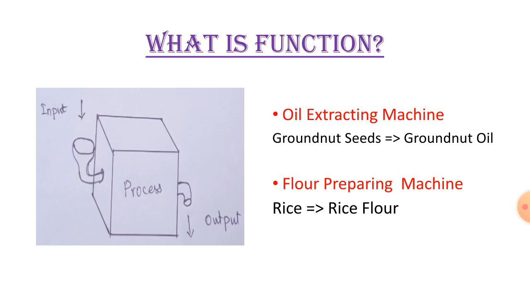The groundnut seeds may be given as an input to the machine. The machine processes the seeds and produces groundnut oil as output. Suppose the machine is a flour preparing machine. Rice may be given as an input to the machine. The machine processes the rice and produces rice flour as output.